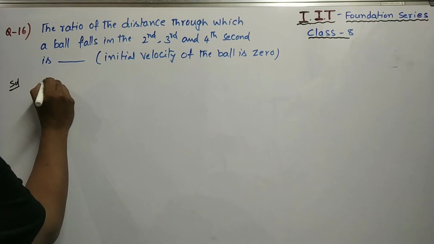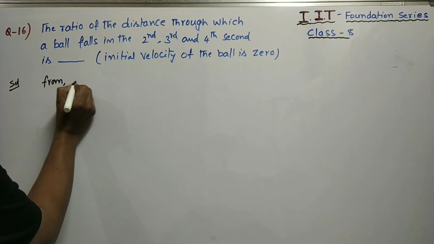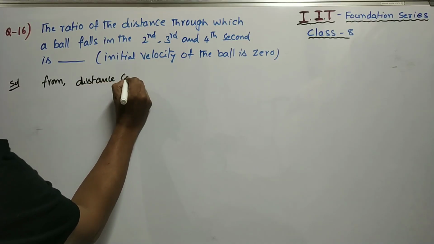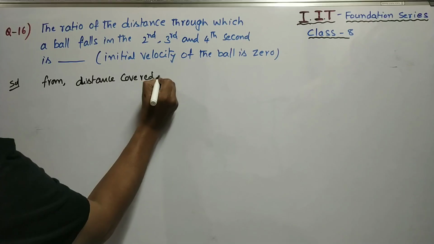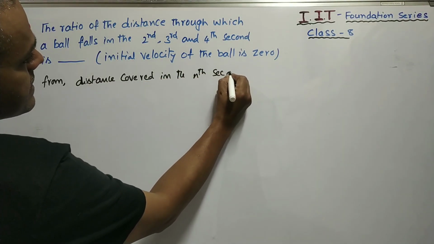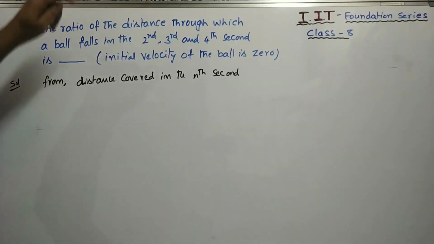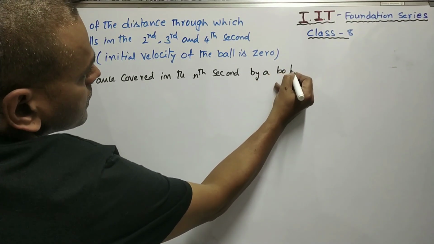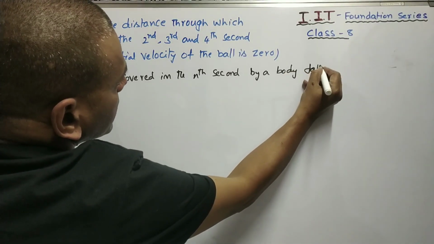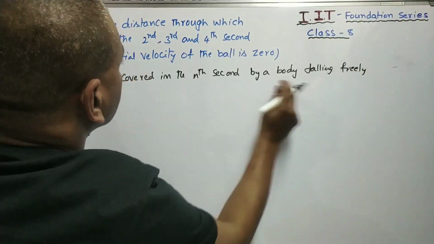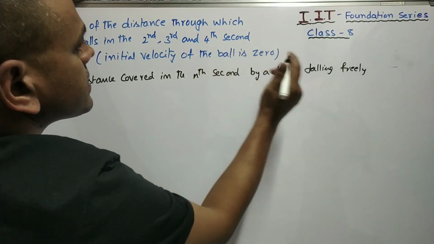So from the equation of motion, the distance covered in the nth second by a body falling freely, because its initial velocity is 0.